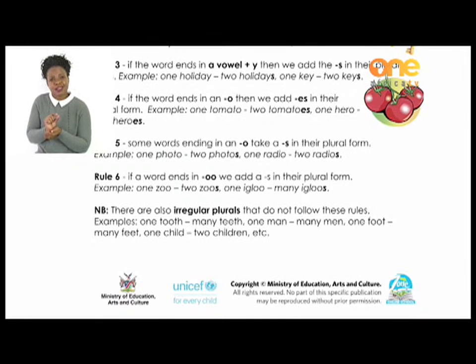For example, one tooth, many teeth. One foot, many feet.